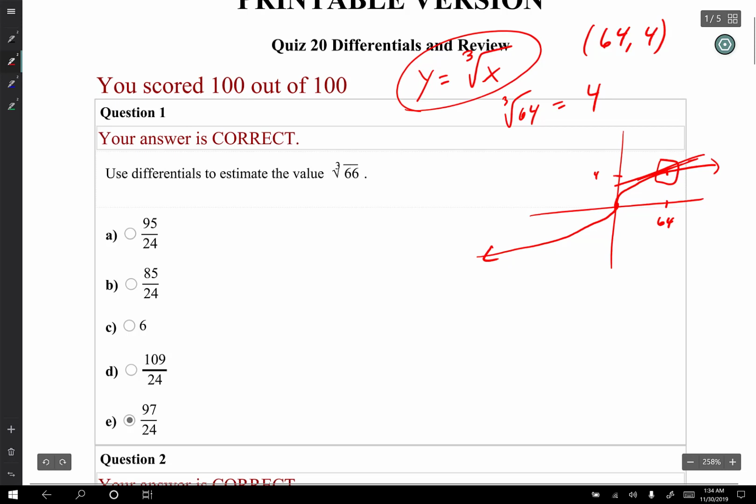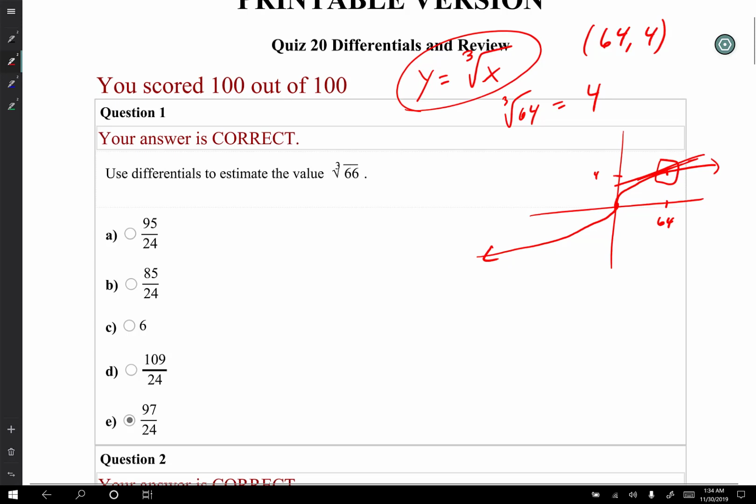So that's what we're doing. And if you were to ask whether my approximation is greater or smaller than the real cube root of 66, it's going to be an over approximation because I'm above the curve when using that tangent line.